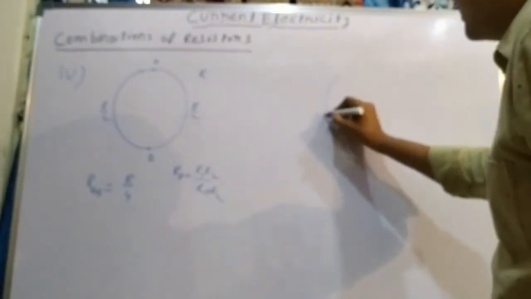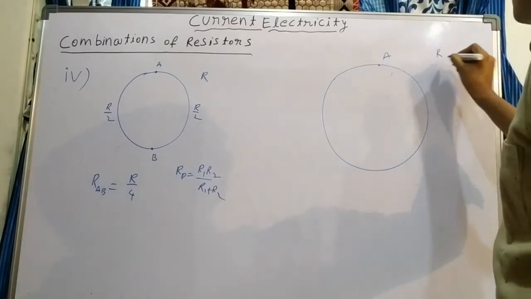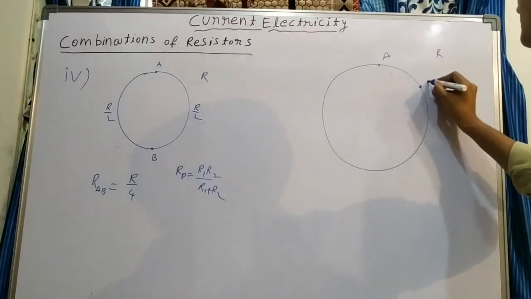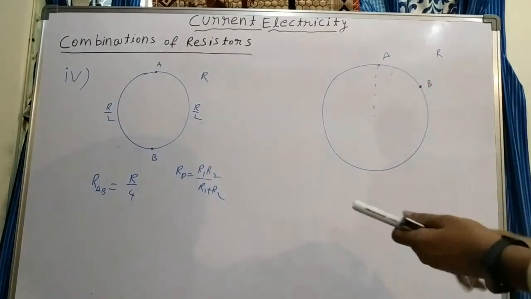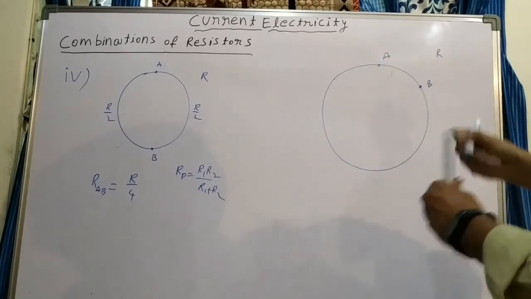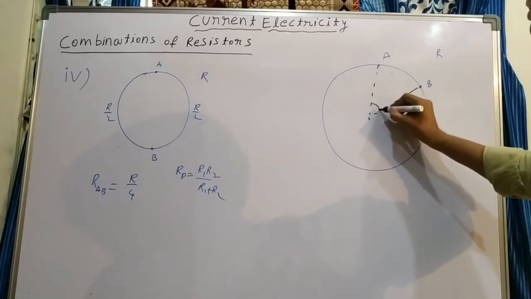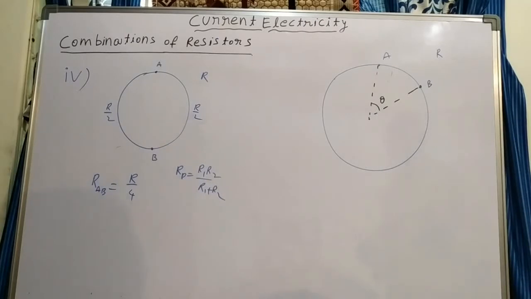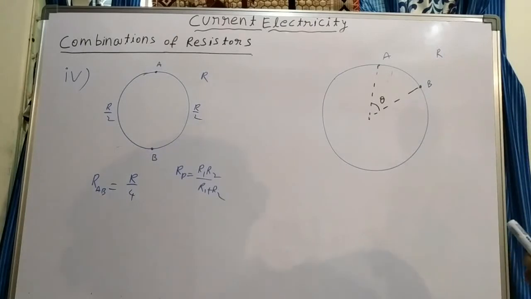Suppose here you take point A here, the resistance of the circular loop is R, point A is here, and you take point B here, and this makes some angle here, that we take as theta. What is the resistance between points A and B? For the total loop, what is the resistance? R, for 2 pi radians.